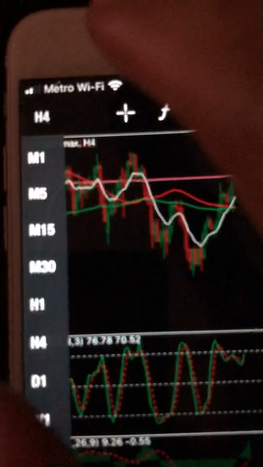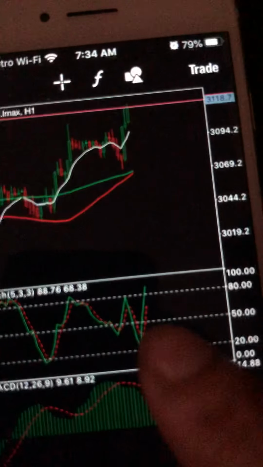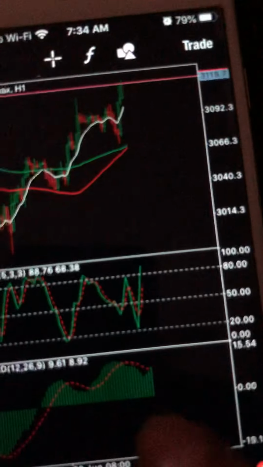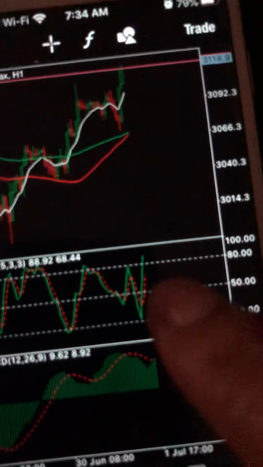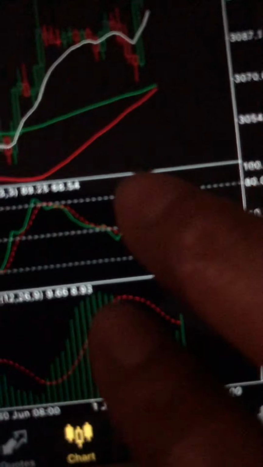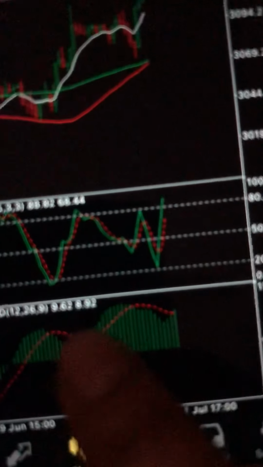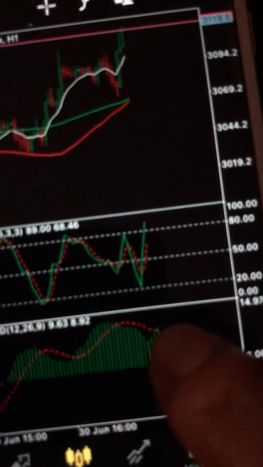And we can go into different time frames to see if we have more confirmation of a buy. That's pointing up. Stochastic is pointing up. All right, the histogram and signal line are above the zero line down here, so we still have upward movement.